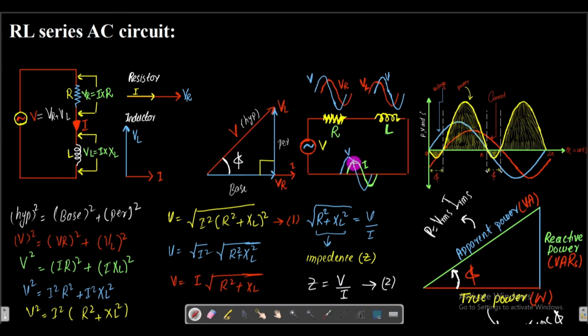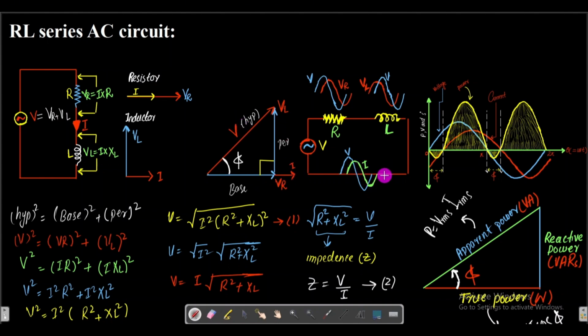We know that this voltage is leading the current. This is leading the current I, and here we have that current. We take that as a reference, and this voltage is leading this current. So the current is on the x-axis, and this voltage is making some phi with the x-axis. Therefore this current is lagging behind that voltage.